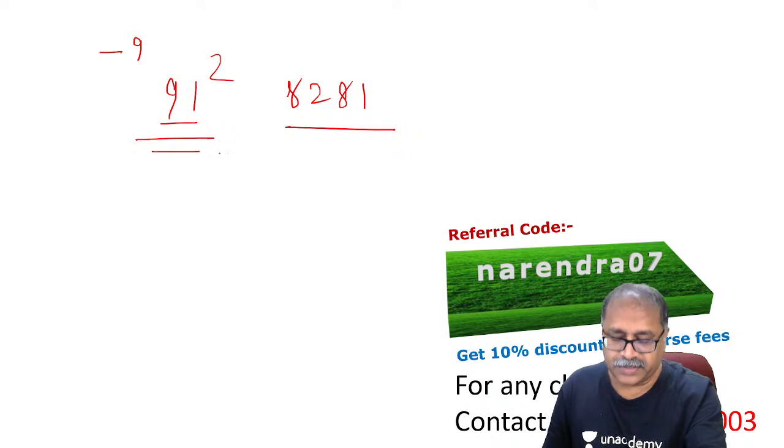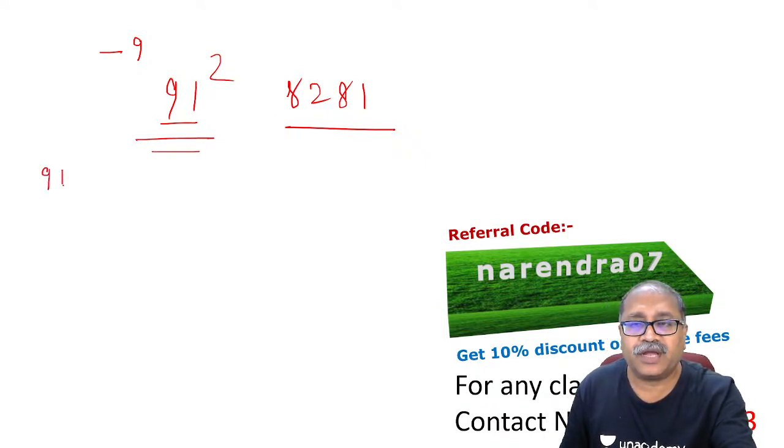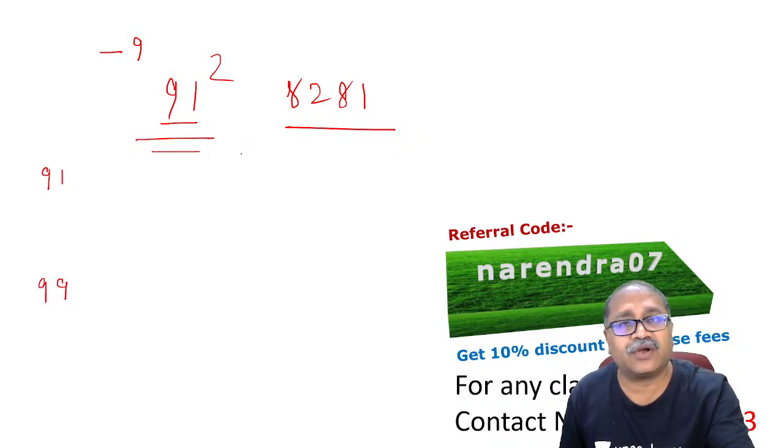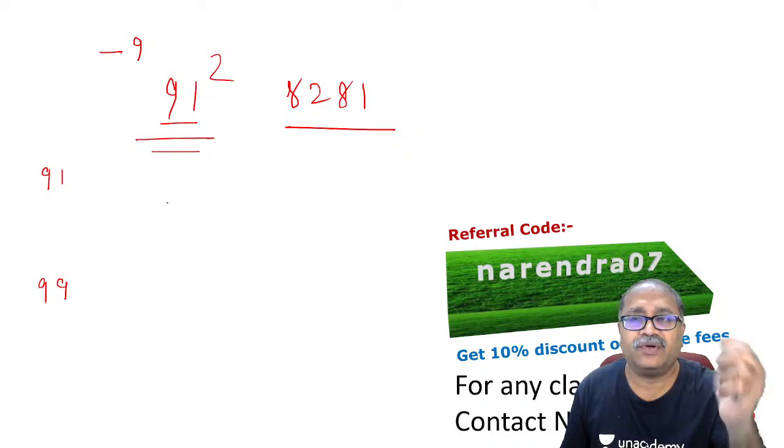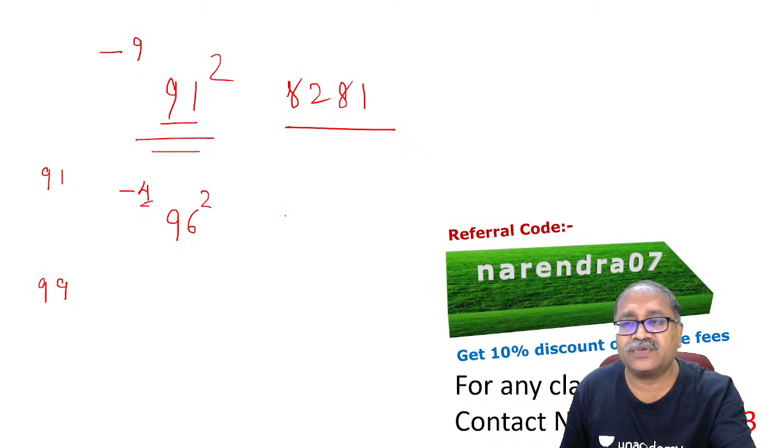Okay, that's good. So like that, any number which is closer to 100, for example 91 to 99, all these numbers I can use this short approach. One final example, that is 97 square.